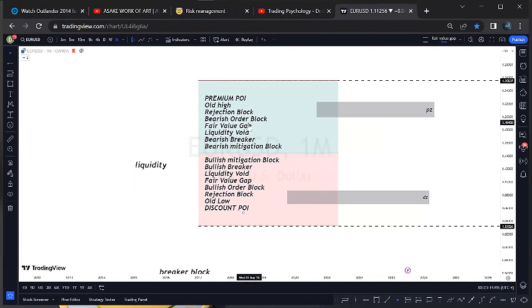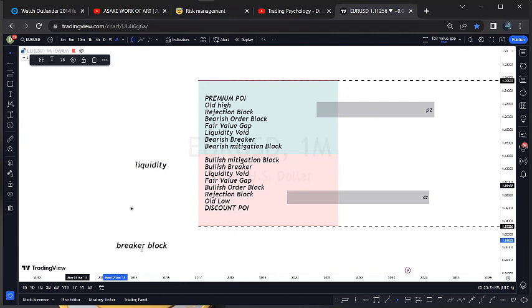Internal liquidity. All right? Like I said, we are going to talk about the bearish breaker block. This is one of the best entry strategies out there. I'm going to talk about it. We are going to talk about continuation and we are going to talk about reversal.